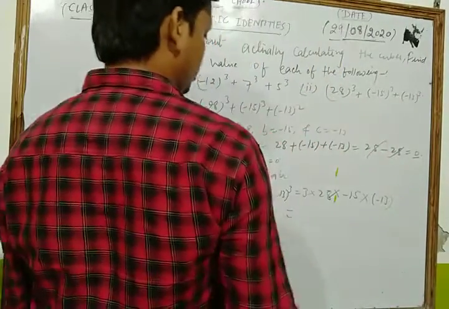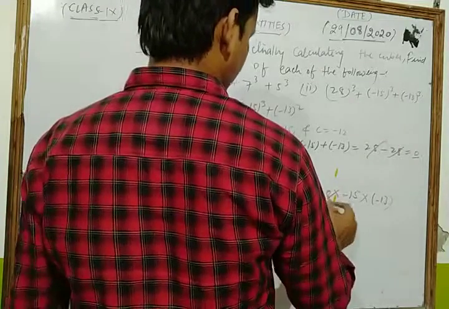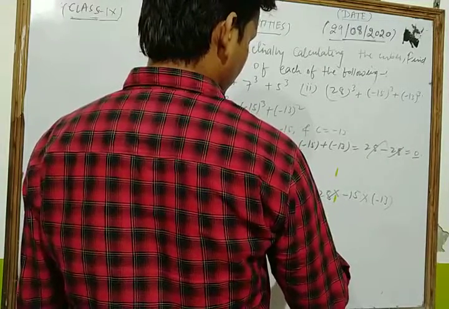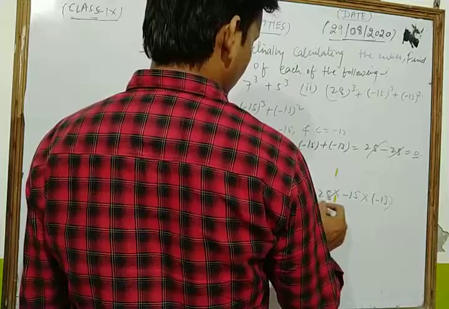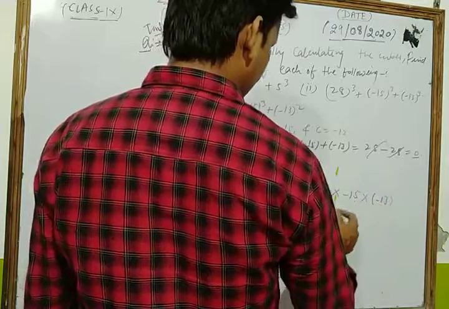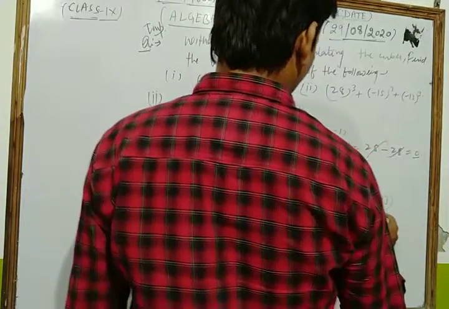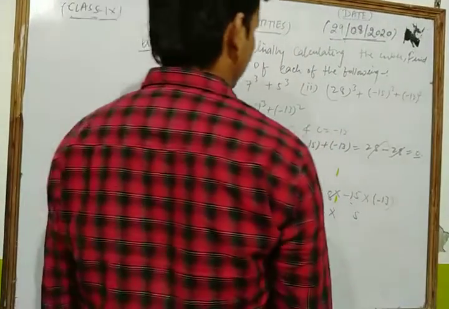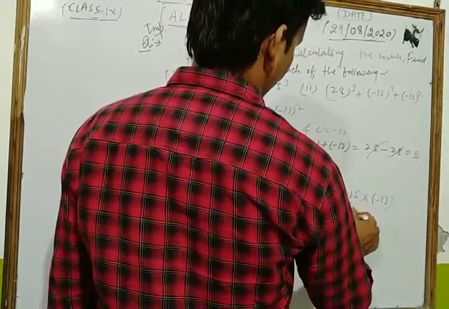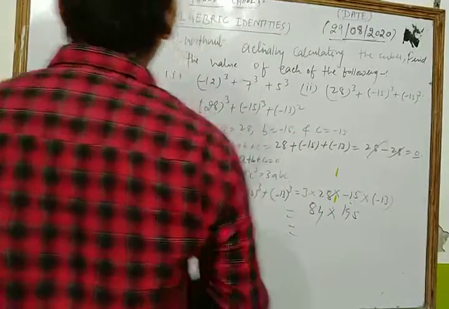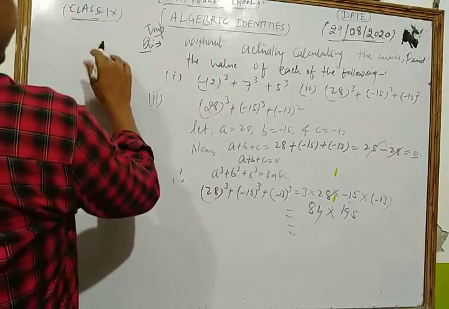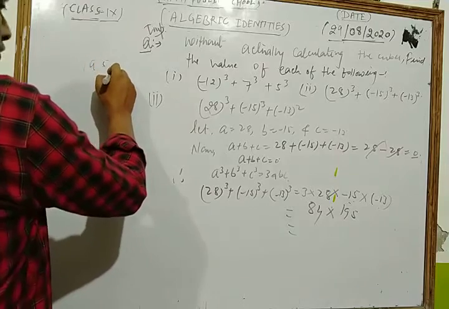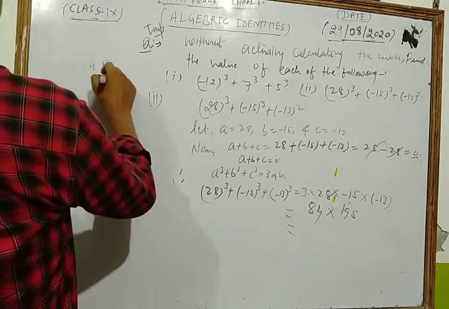Now look what I do. Multiply 15 into 3 to get 45, and then 195 by 84. What do I get? Let's see.